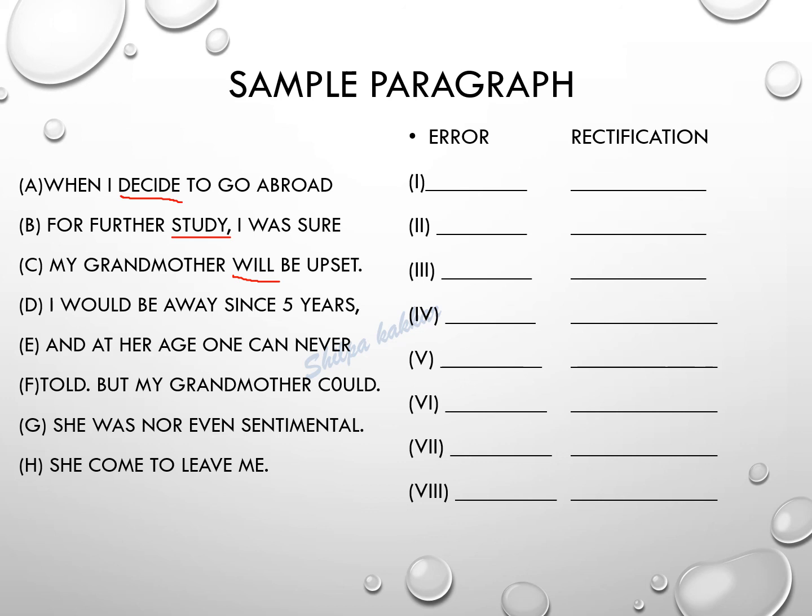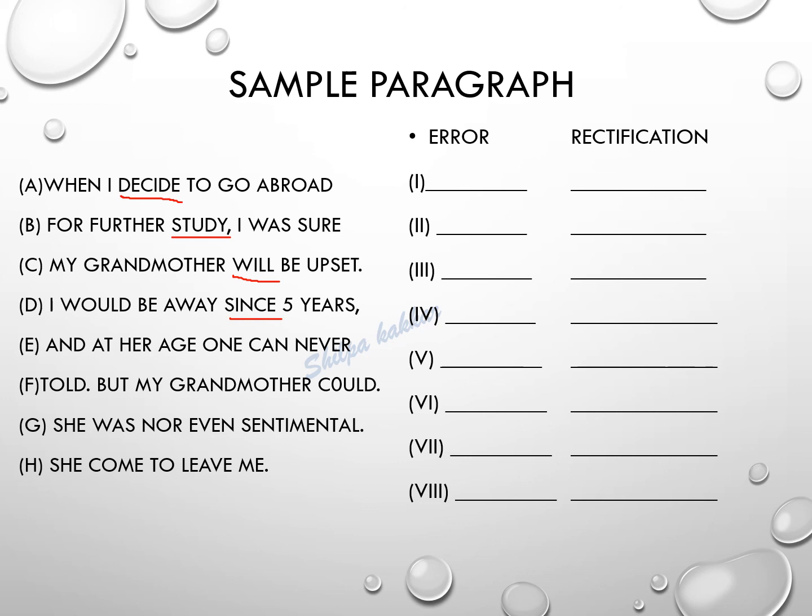I would be away since 5 years. So with 5 years we can never use since. It should be for. I would be away for 5 years. And at her age, no one can never.